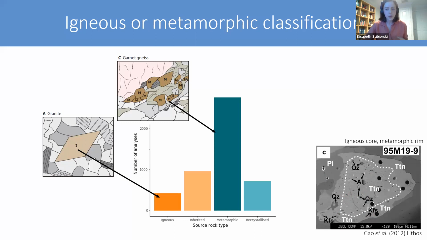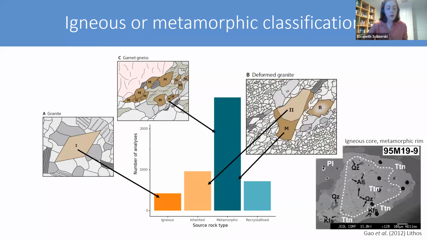So there are in-between cases where perhaps you have an inherited igneous grain, which has a newly crystallized metamorphic rim. Or sometimes your precursor igneous titanite is recrystallized during metamorphism. So I really tried to separate out these scenarios from the pure igneous and metamorphic end members. And this will become relevant later.